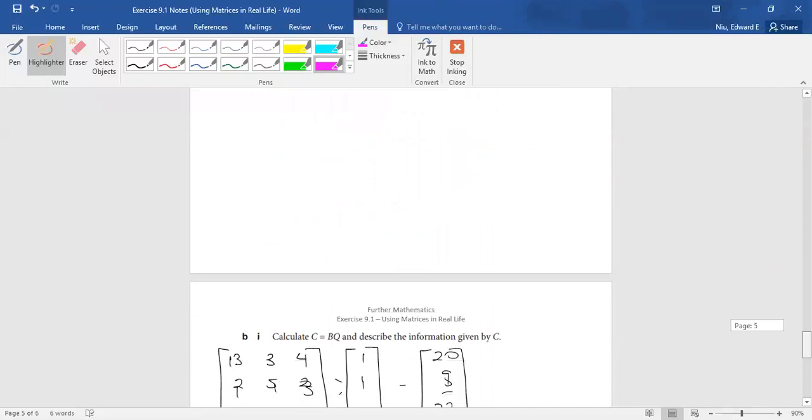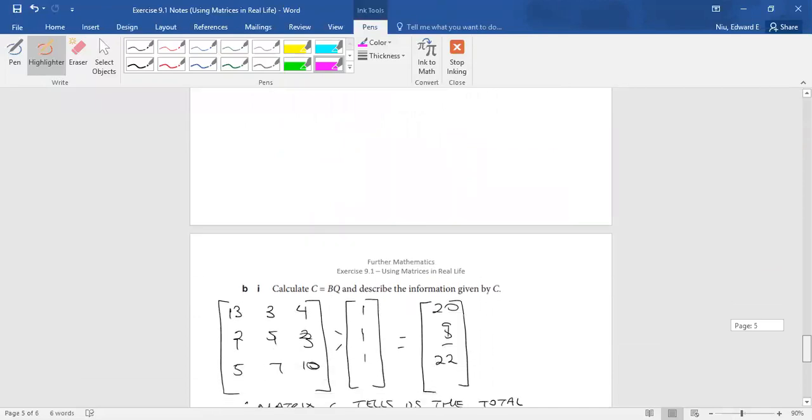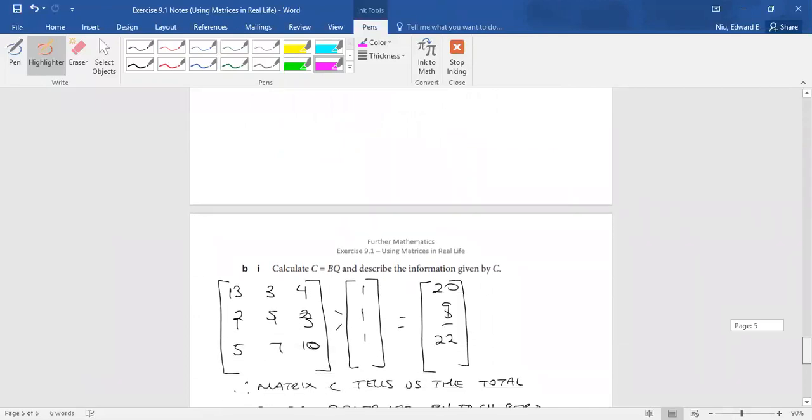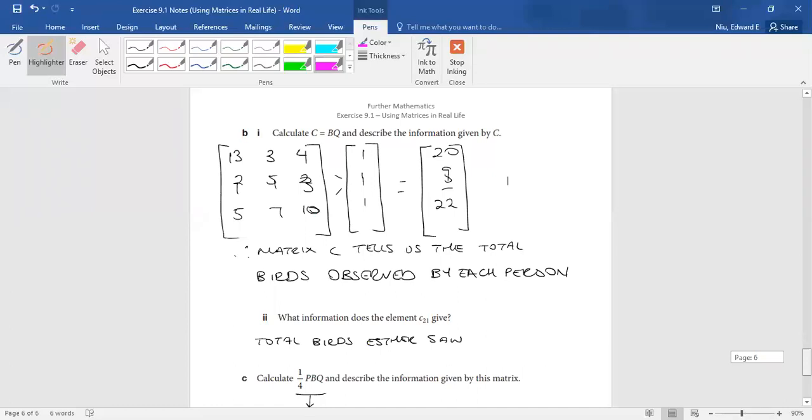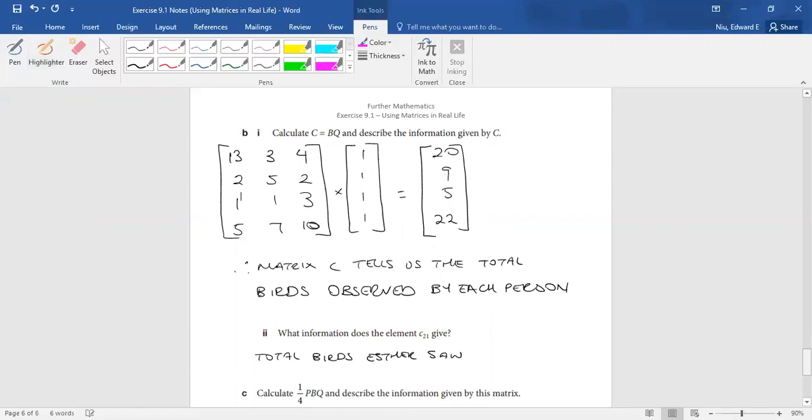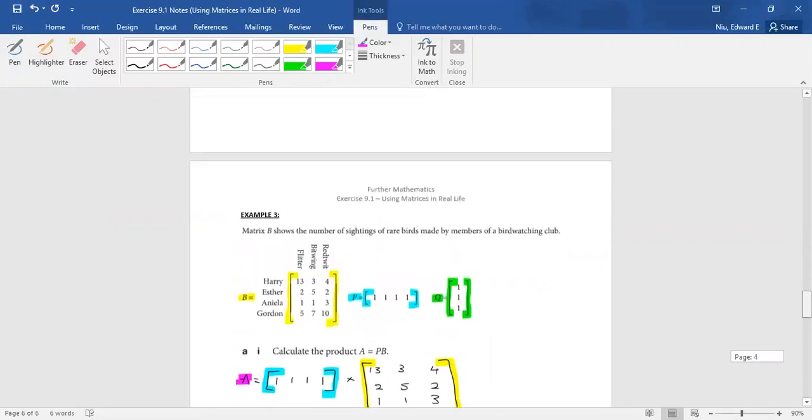So, part B, calculate matrix C, B times Q, and describe the information given by C. So, what we have here is matrix B. What color did we do matrix B in?